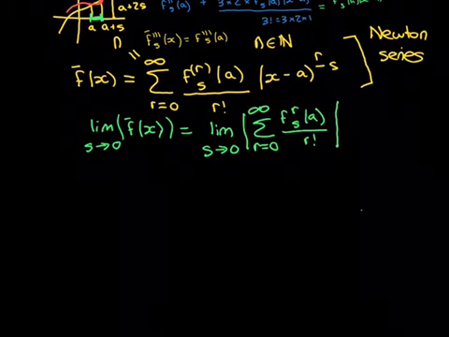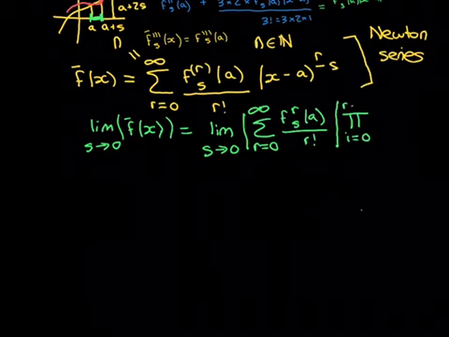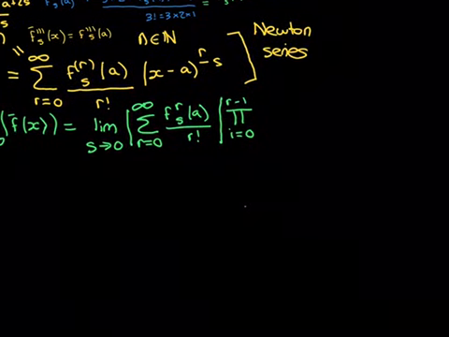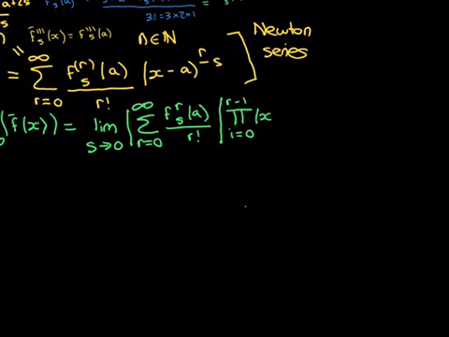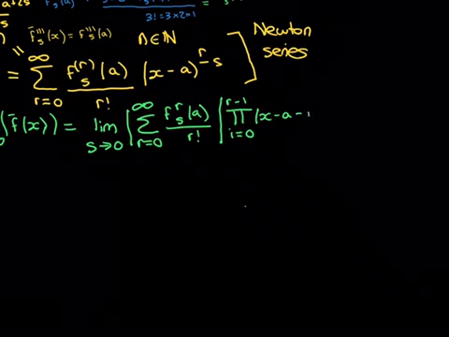So we'll put this in, and it's going to look hideous, but remember it's the product, and we'll use from i is equal to 0 to r minus 1 of, and then it's x minus a, minus i, like so. I believe that's correct.